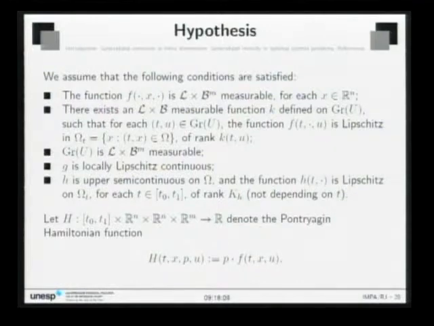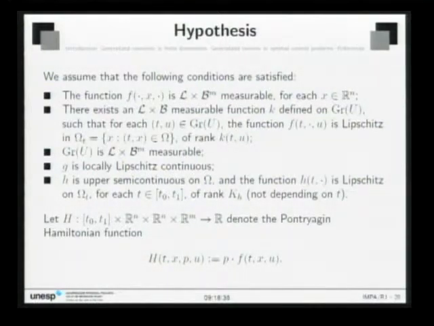So now we talk about the hypothesis. We assume that function f here is not the objective function anymore. I mixed up some notation here, but f here is the vector field. So the vector field, with respect to the time and the control, should be measurable with respect to the Lebesgue-Borel sigma algebra.